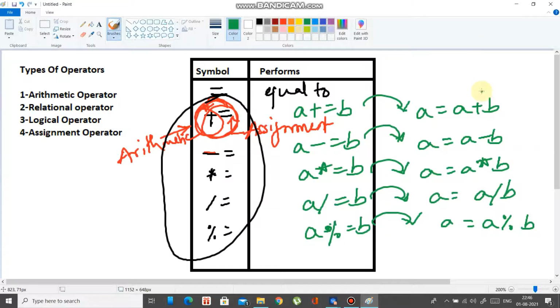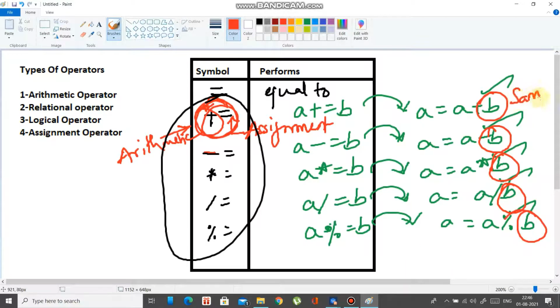So in this, the A value will be increased, in this A value will be reduced, in this A value will be multiplied, in this A value will be divided, in this A value will be the remainder of A by B. But the value of B is always the same in this case.